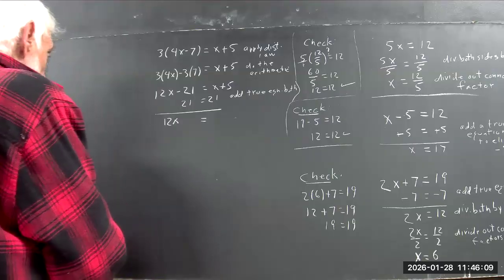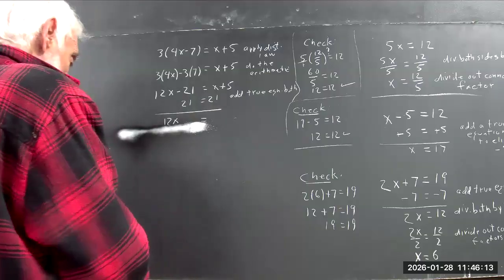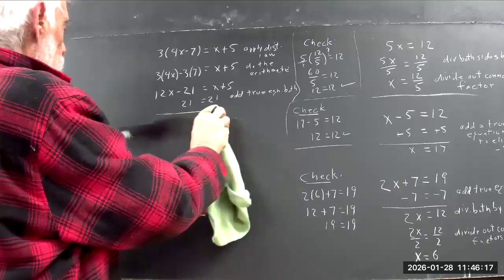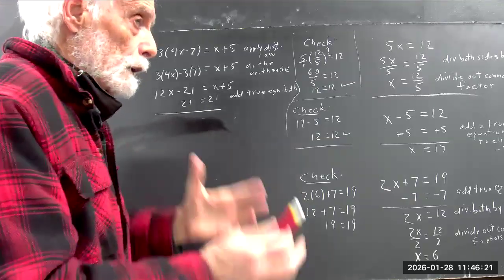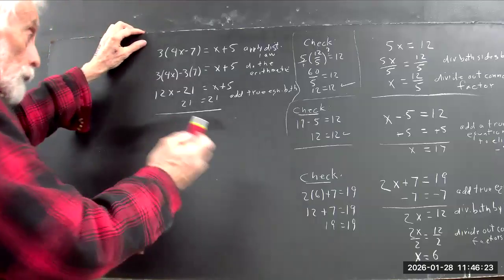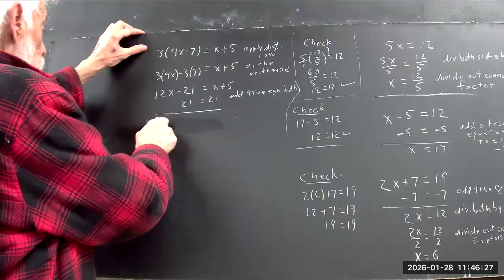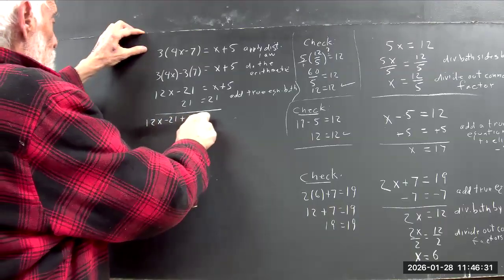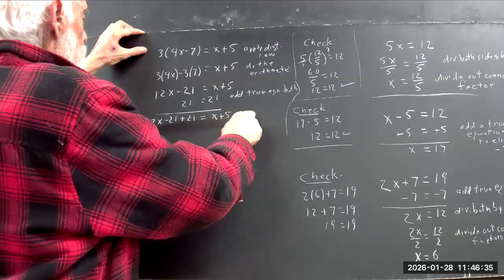And I'm going to do this step a little differently because this is something else I really kind of want you to do when you get into an equation of this complexity. It's real easy to see things a little bit wrong and make an error, although nobody did. I'm going to write out what we get. We get 12x minus 21 plus 21 equals x plus 5 plus 21.